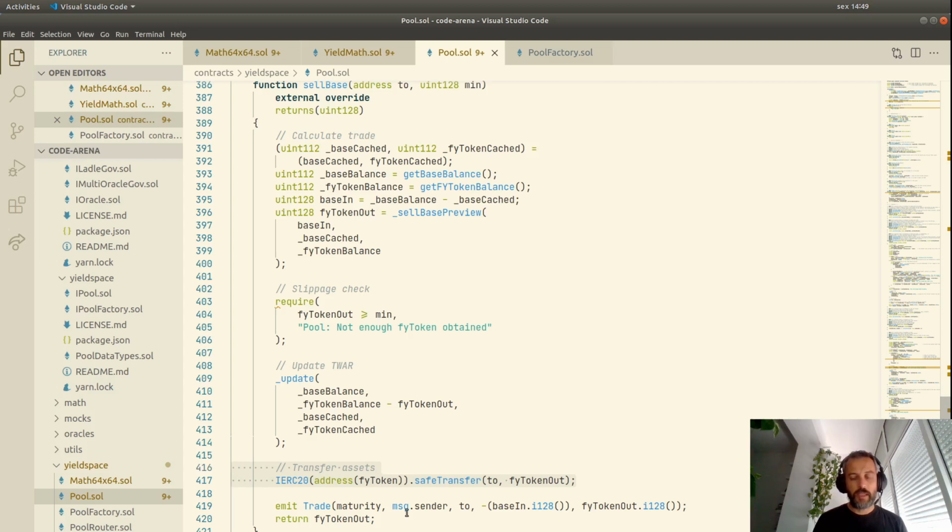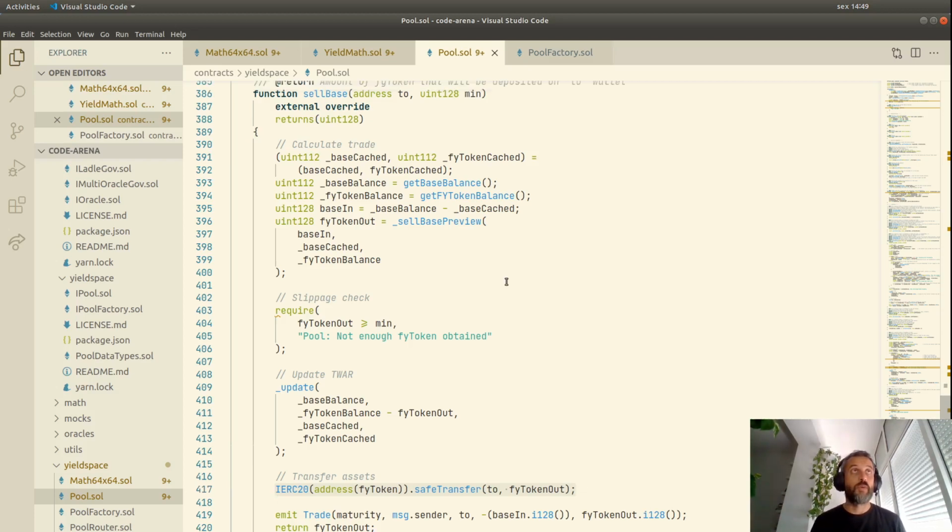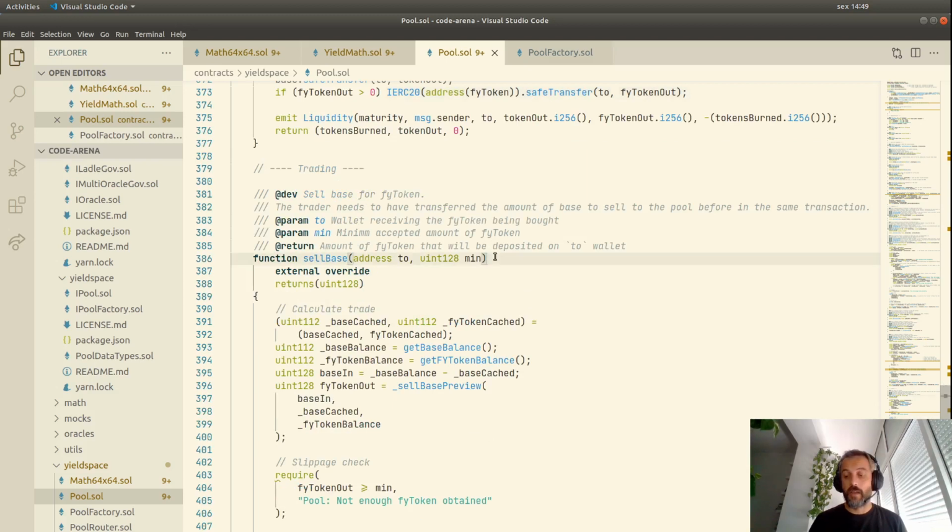And if you are a little bit keen-eyed, you will have realized that I only do one transfer. I am only giving out fyToken. That's because the user needs to have transferred an amount of base to the pool beforehand. That's why I'm not saying here how much I am selling either.